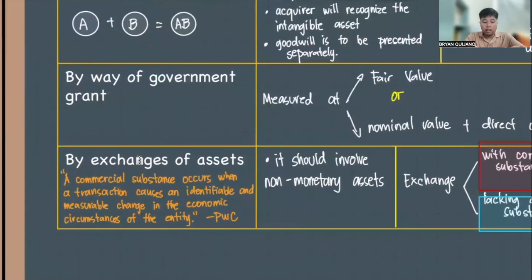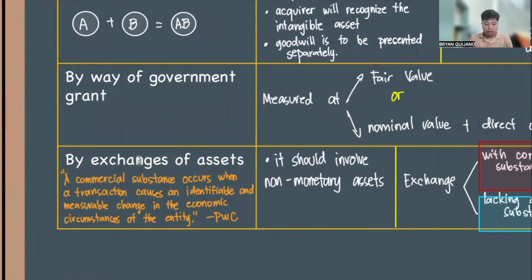Let's talk about the last mode of acquisition, which is by exchange of assets. When we say we are going to exchange an intangible asset, it should only involve a non-monetary asset. Then we have here the concept of commercial substance. We are going to use the definition of PricewaterhouseCoopers.